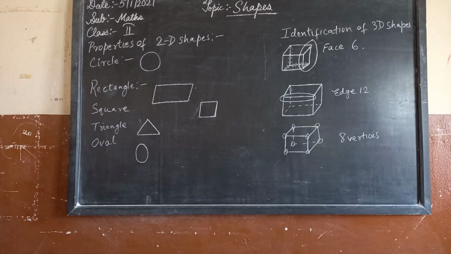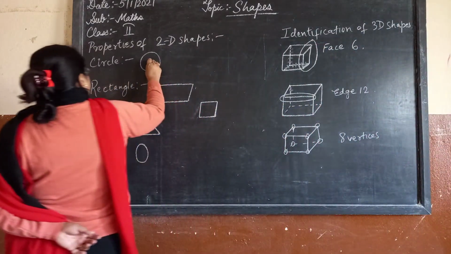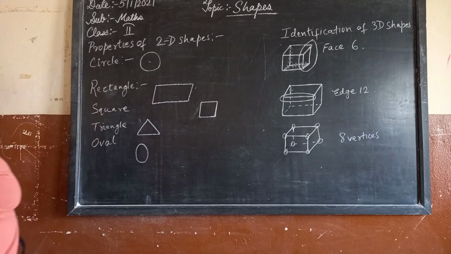Now, once more I will explain the properties. Circle is the shape in which every point on the boundary is at the same distance from the center point. Rectangle has opposite sides equal to each other, with 4 corners and 4 sides. Square has 4 sides and 4 corners, and all the sides are of equal length.